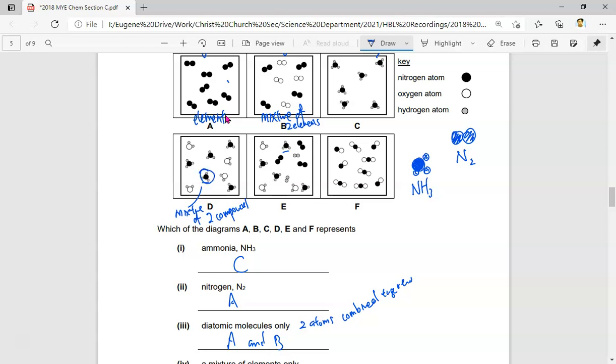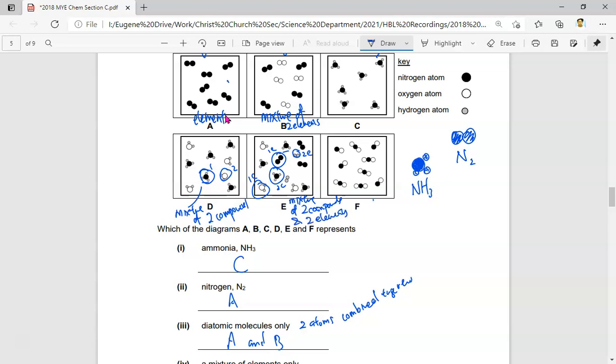Where are the 2 compounds? 1, 2. This is also a mixture of 1 compound, 2 compound, 1 element, 2 element. So this is the first compound, this is the second compound, this is the first element, this is the second element. So therefore, this is a mixture of 2 compounds and 2 elements.